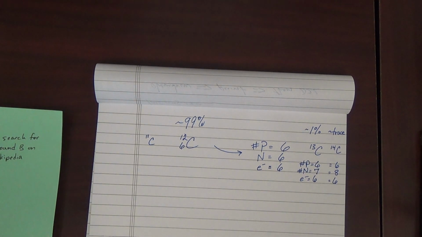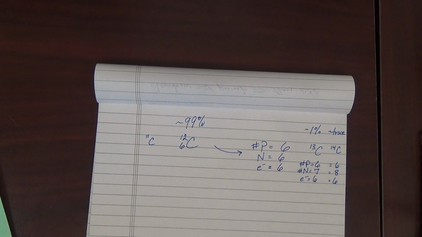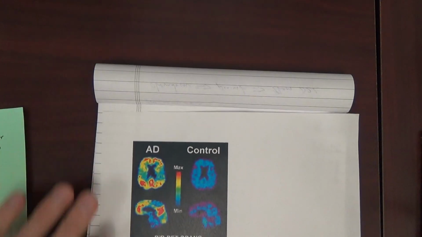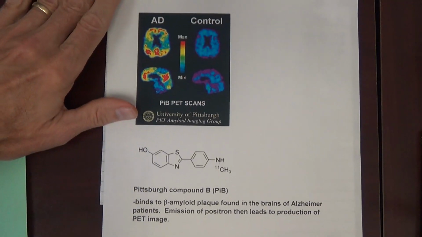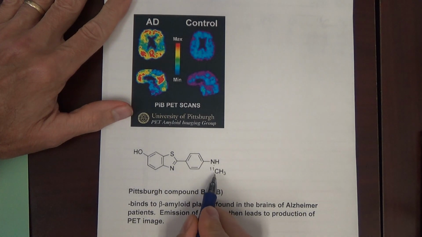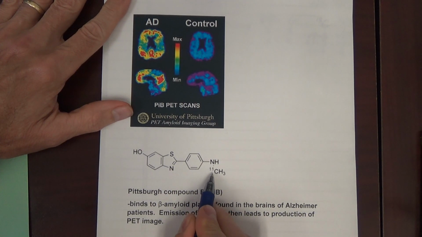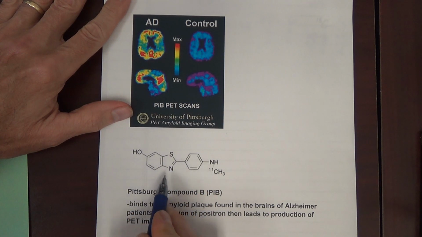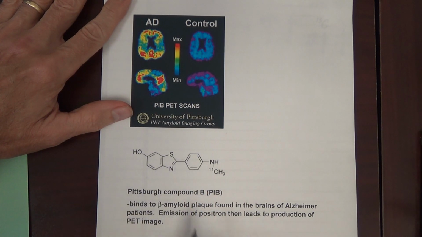Now, in the handout, I actually show you a compound which contains carbon-11. It's indicated by the 11 superscript, where otherwise the carbons would be shown with no superscript and they're shown as line bond.